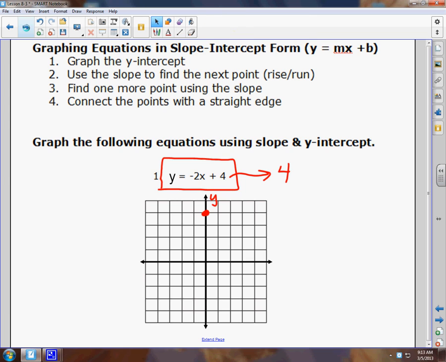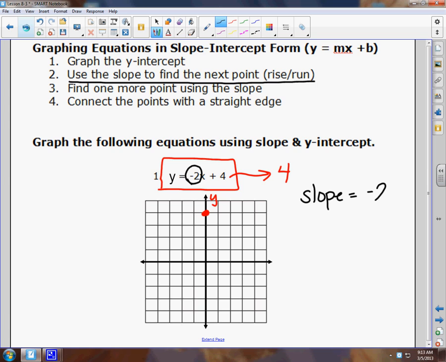Now, if I do my slope, it says, use the slope to find the next point. Rise over run. Find one more point using the slope. Okay, so my slope is -2. So slope equals -2. So if I did rise over run, that would mean I'm going to do -2, and then I'm going to do 1 on the bottom, because anything divided by 1, its identity property, is itself.